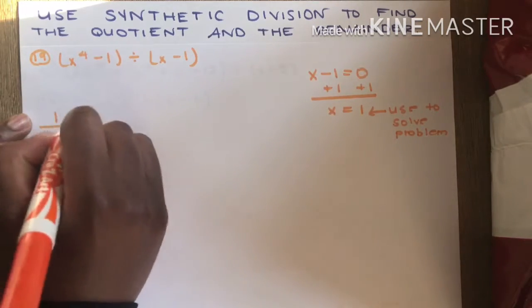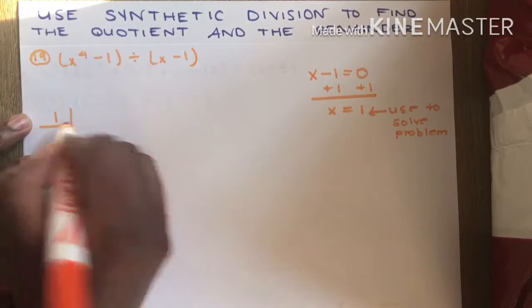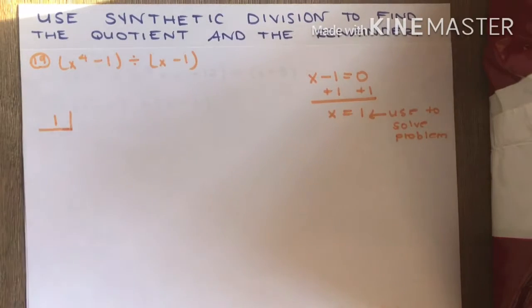So in synthetic division, you want to place this number, the x minus 1 number, which ended up being positive 1, inside a bracket to separate it from the rest of the problem and to show that you're dividing the rest of the numbers by this number.